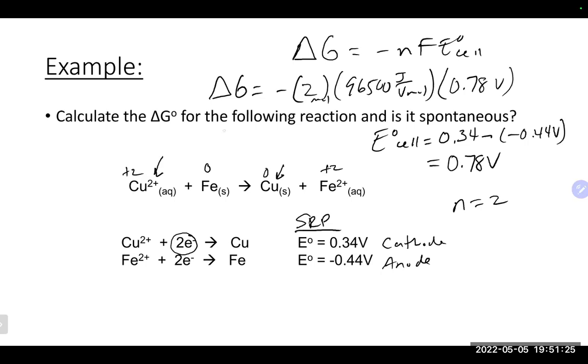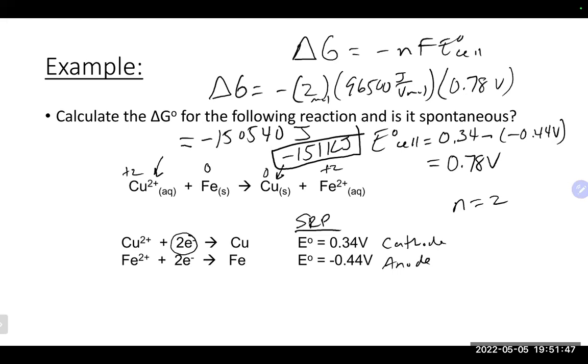Gets us, we'll go down here, minus 150,540. By the way, these would be in joules. If we divide it by 1,000, gets us about, I'll call it a minus 151 kilojoules, give or take. Any question on that one there?